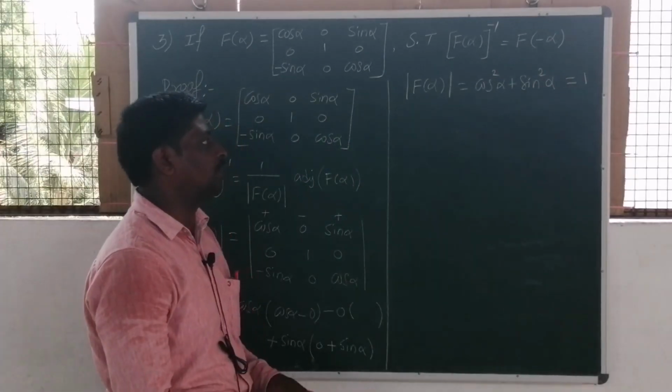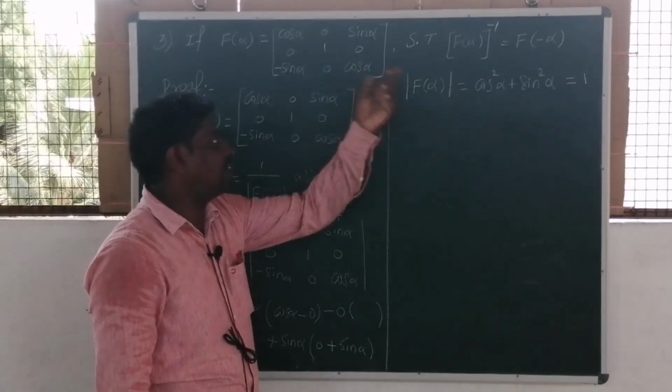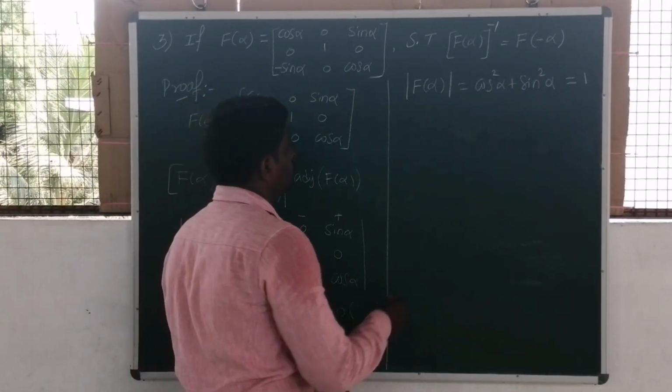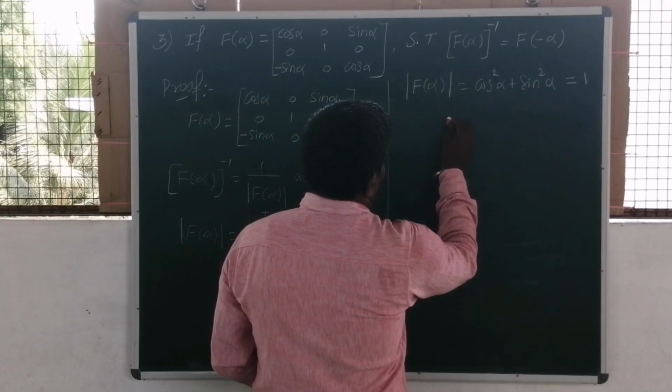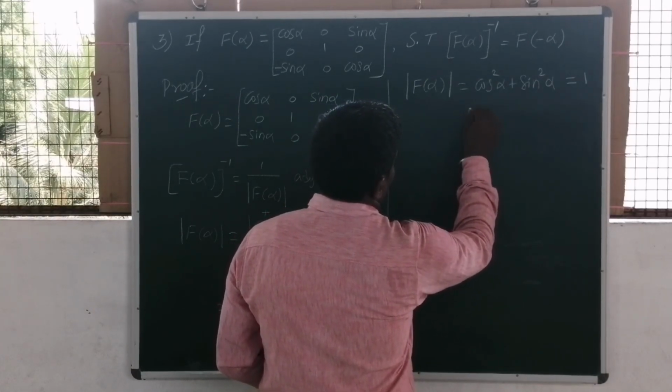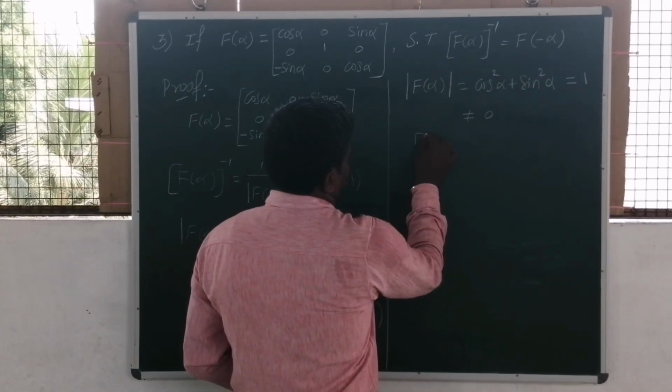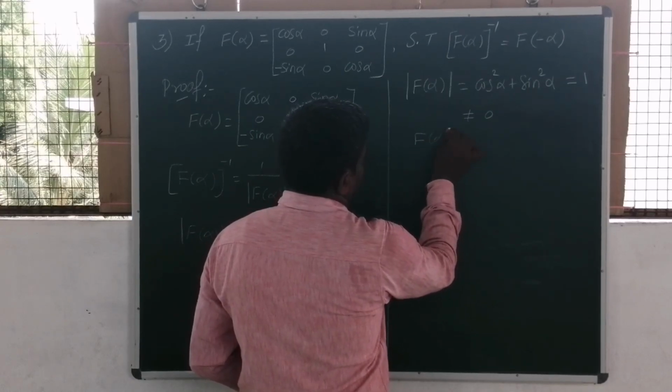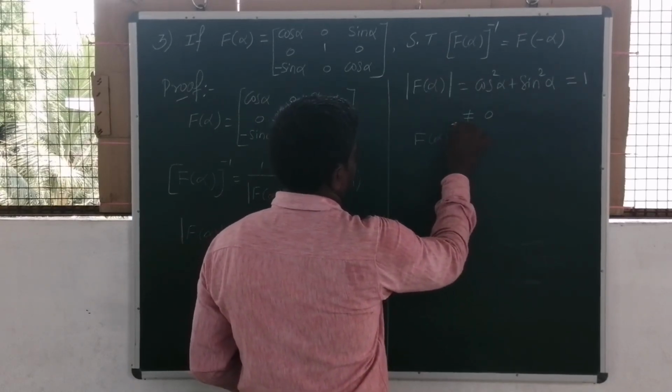So the determinant of f of alpha is 1, which is not equal to 0, so f of alpha inverse exists.